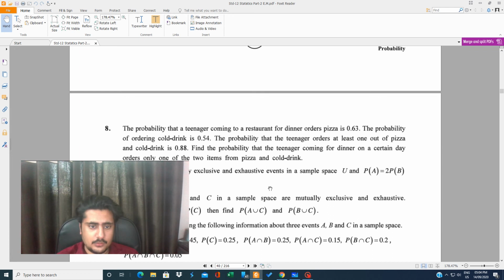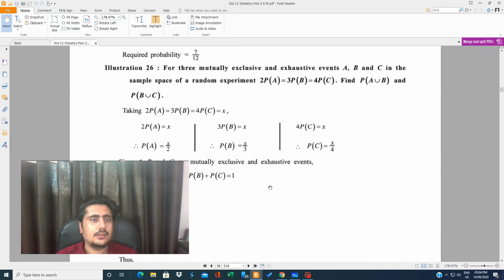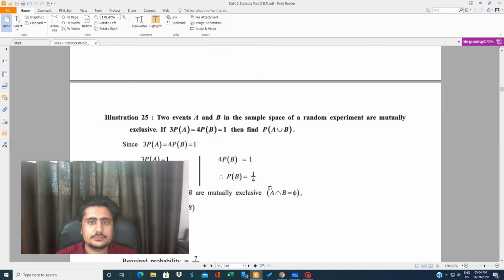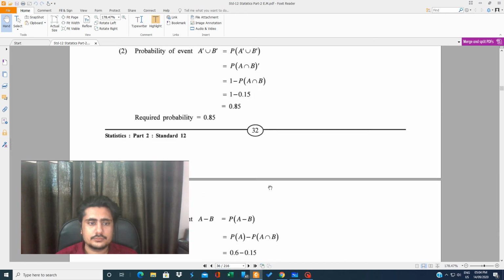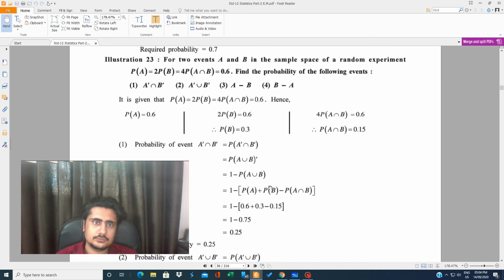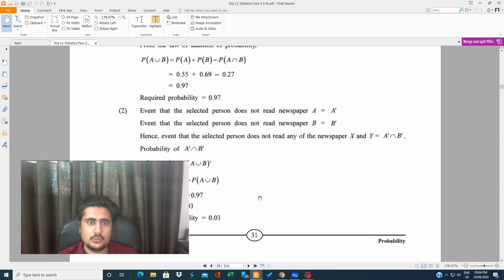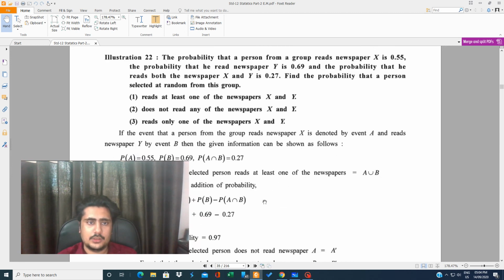Now let us start illustration number 23. 22 we have done, yes.